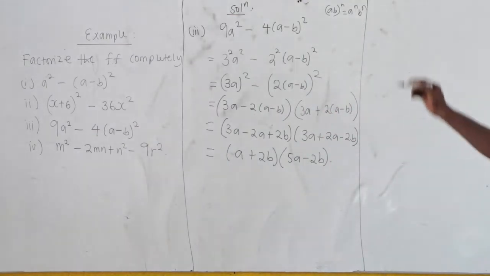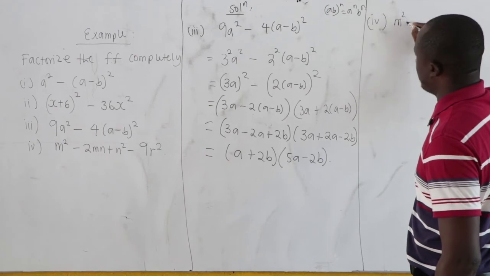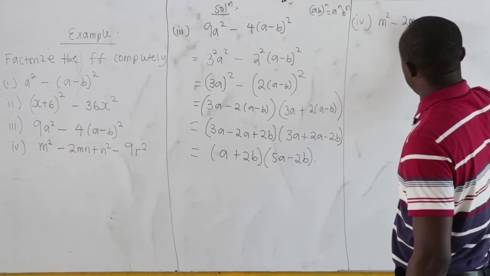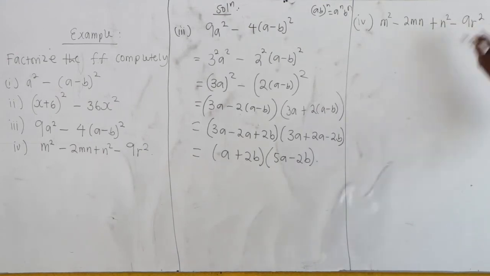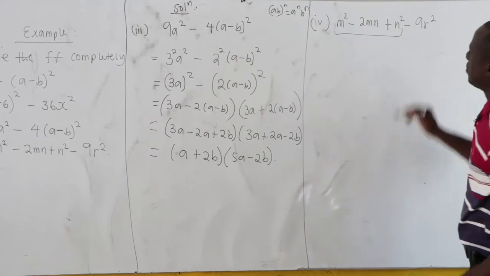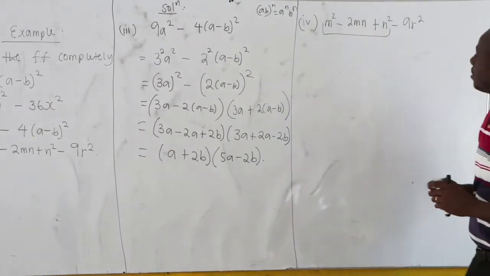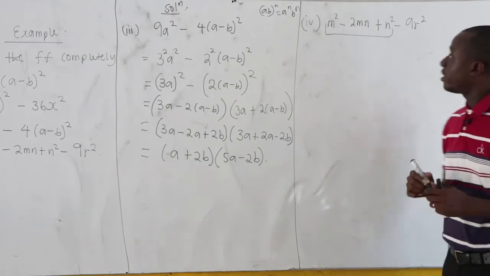Now let's see the fourth one, which is also a past question. m² − 2mn + n² − 9r². Now from here all the way to this place, that is a quadratic expression in two variables.